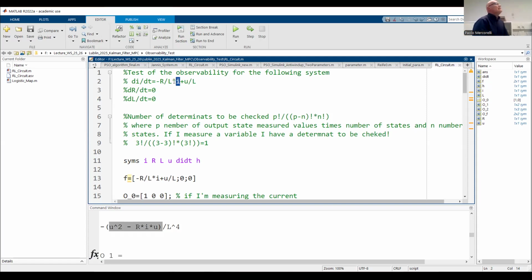This means it's a heuristic criterion. If I know the current, I know what happens in R, assuming that L is known.